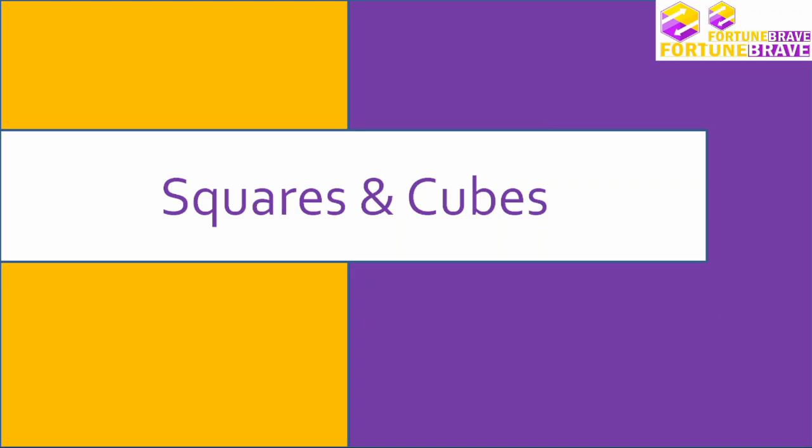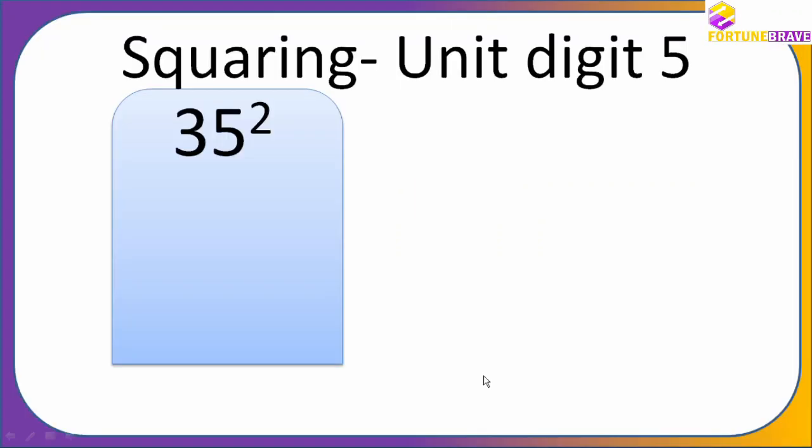So what is the first one? First one is squaring. So I am going to teach you one method at a time. This is the first method, and here we are going to classify what kind of squaring.